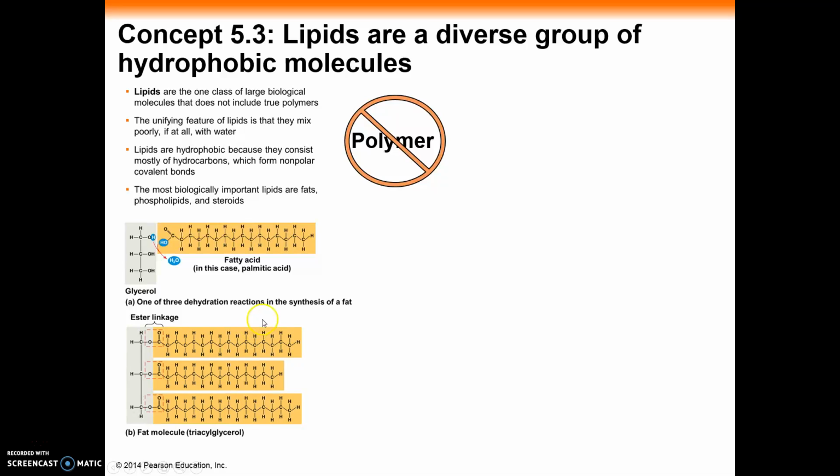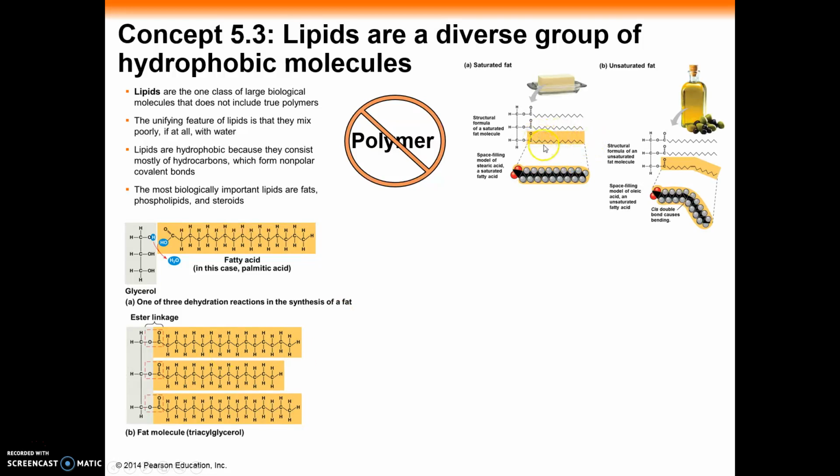They serve mostly as a fuel storage unit. These fatty acid chains produce a lot of energy. We can swap out the different fatty acid chains for those that are more or less unsaturated. That produces kinks, and those kinks lead to it being more liquid in nature.